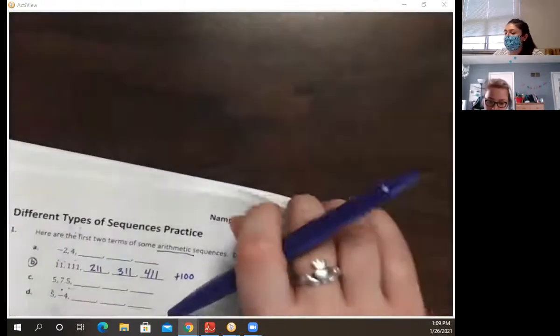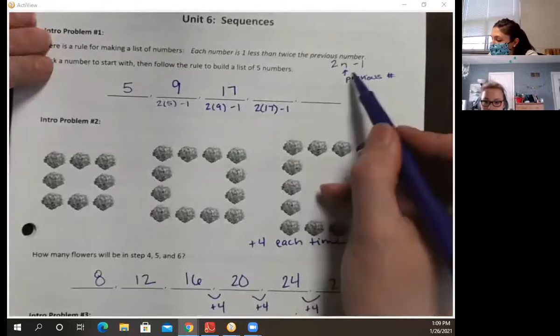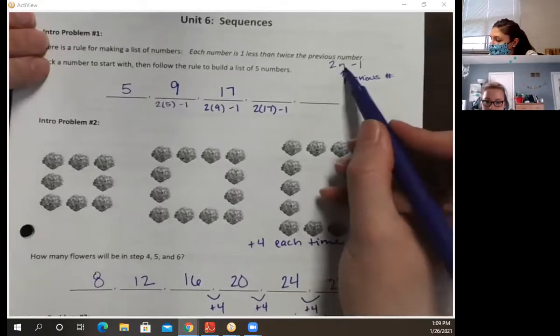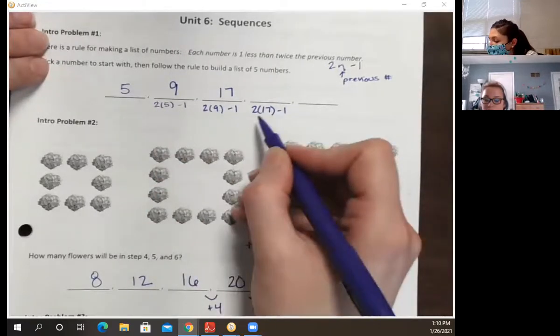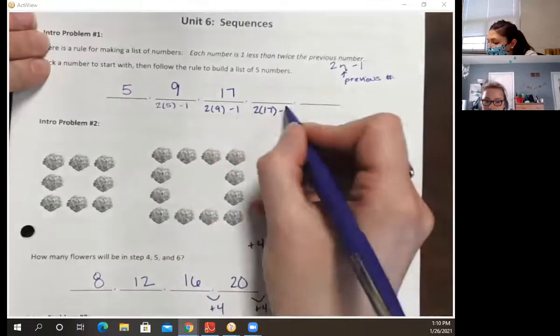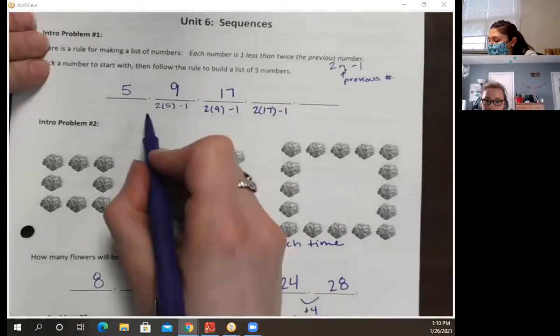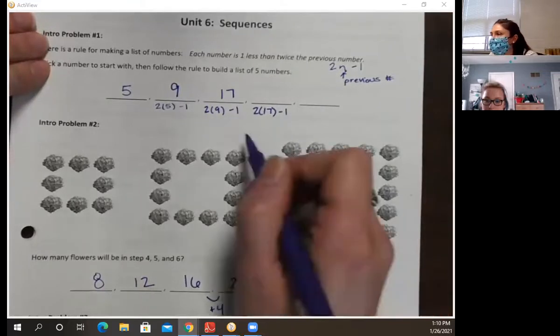If we go back to the very beginning of our packet, that first problem that we talked about gave us a rule, and it was 2 times the previous number minus 1. So we multiply by the same number each time. But since I also subtract 1 each time, this isn't a geometric sequence. Okay? Not geometric for that reason.